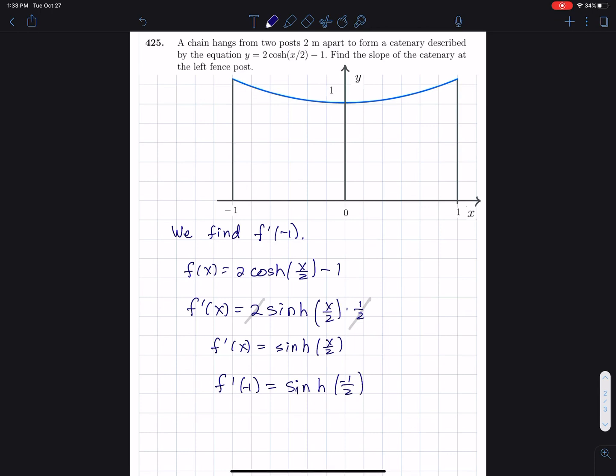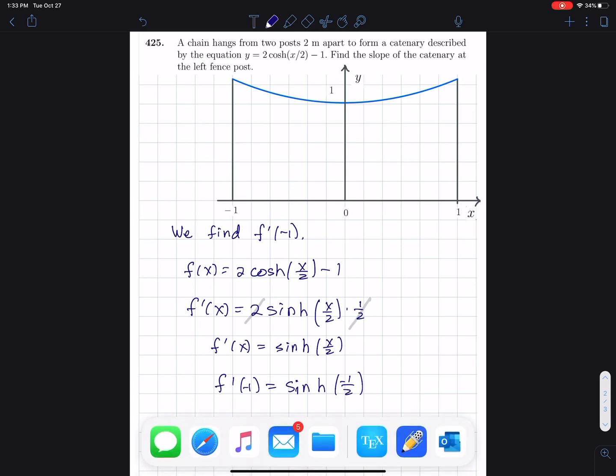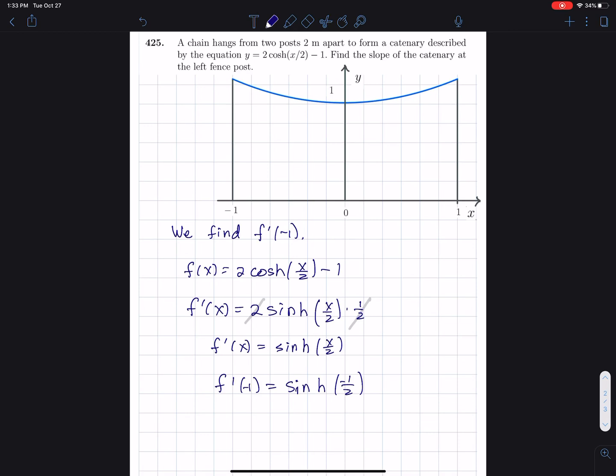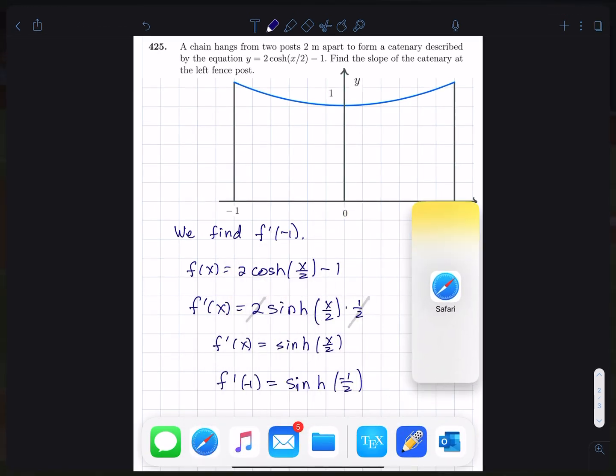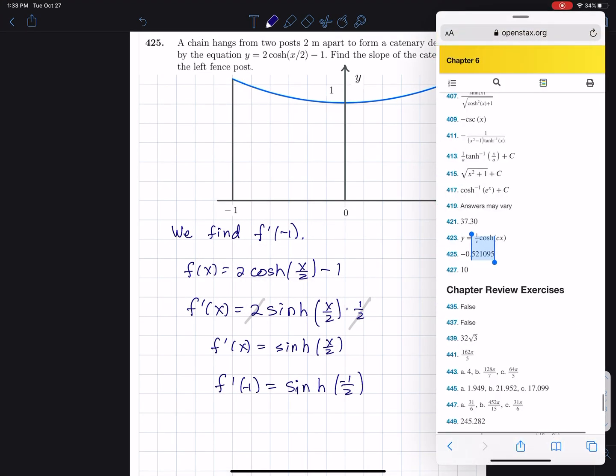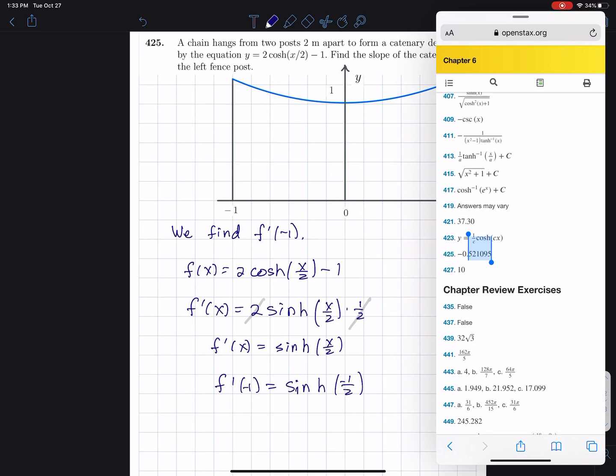Somewhere I have the solution. These are all taken from Openstax, and here's the solution. It sort of takes the fun out of it, since you see I'm just copying this down. What I'm saying is that some people feel more at ease if they have a decimal approximation.